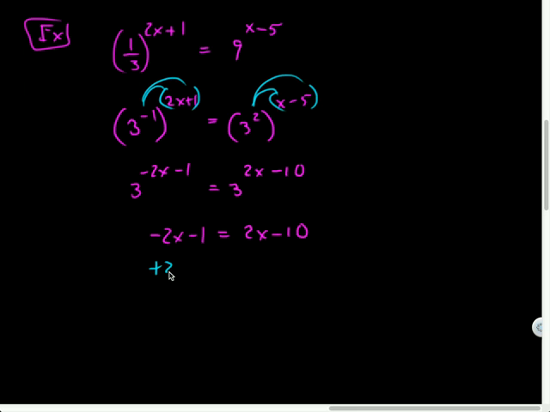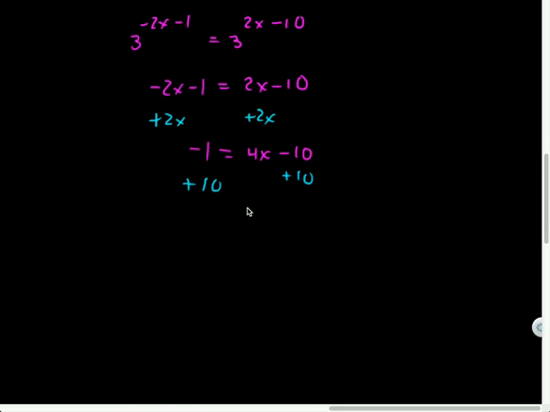And now I could solve for x, bring the x's together, and I would get -1 equals 4x minus 10. And keep solving, add 10. Almost done. So I'll get 9 equals 4x. And divide by 4.